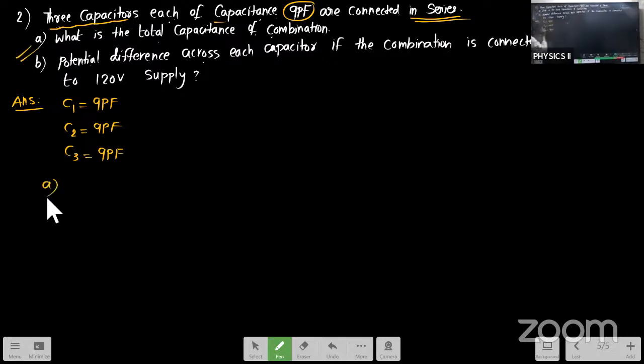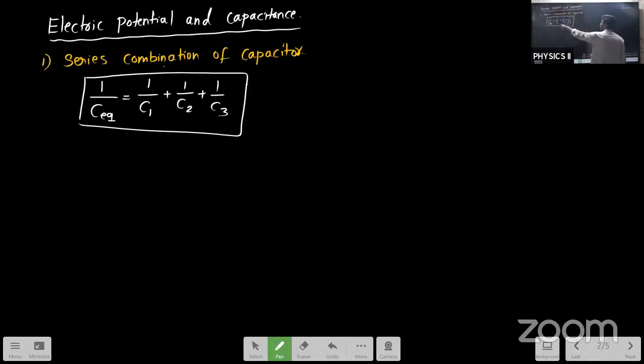So what is our first question? Question A. What is the total capacitance of the combination? Whenever capacitors are connected in series, what is the formula for equivalent capacitance? 1 by C equivalent is equal to 1 by C1 plus 1 by C2 plus 1 by C3. This is in which case? Series combination.